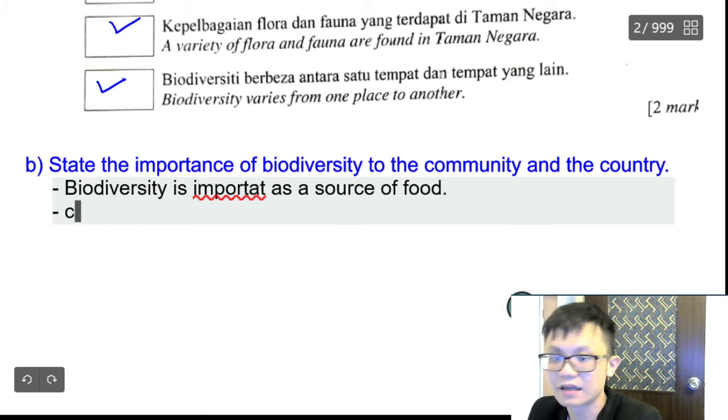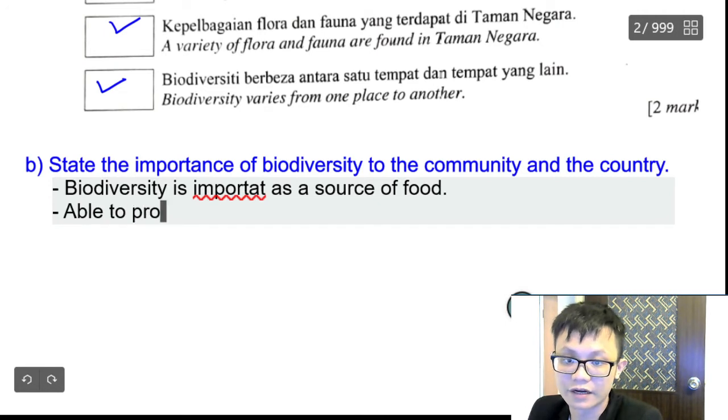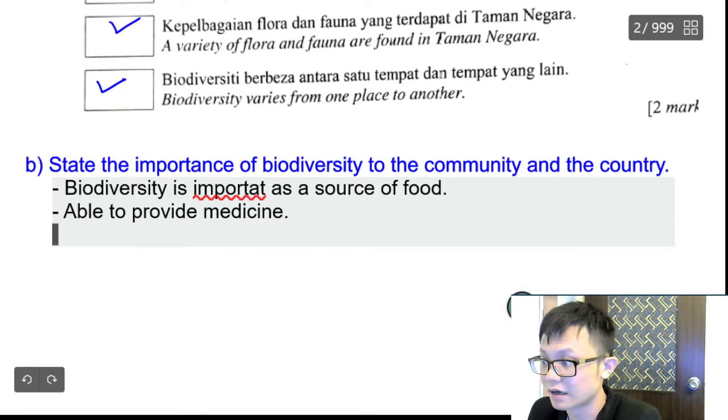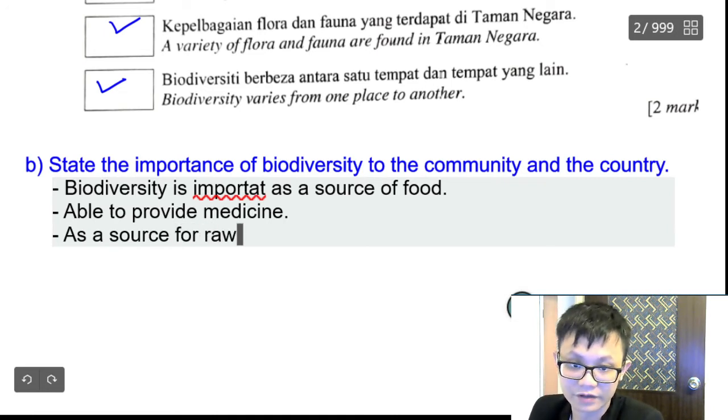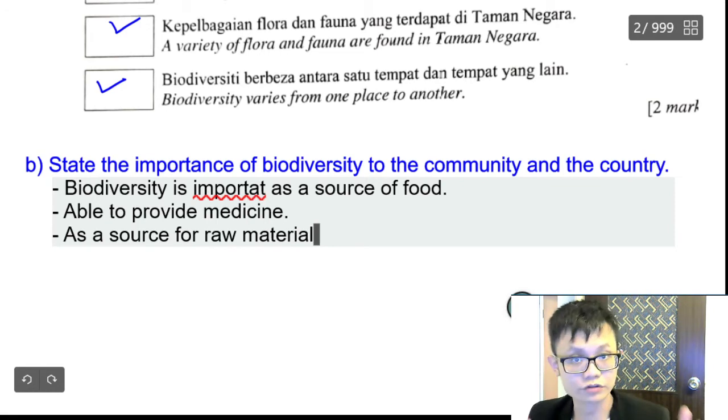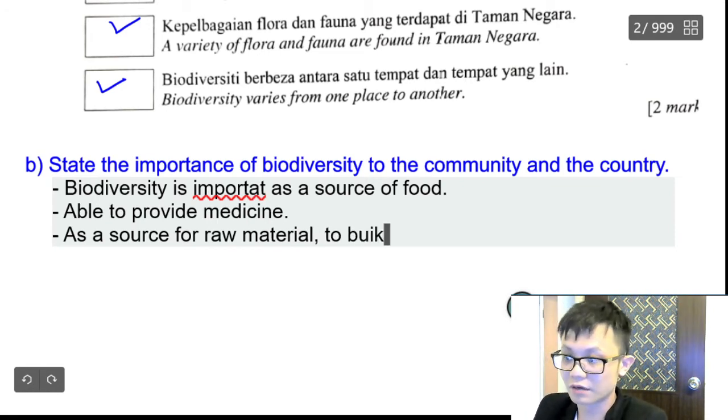And maybe we can say it is able to provide medicine, or it can be a source for raw material, like you need wood to build buildings or to be used in a manufacturing factory.